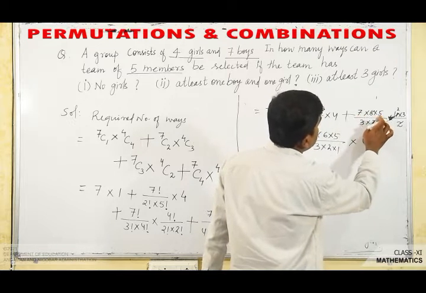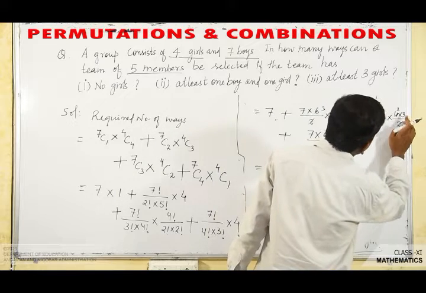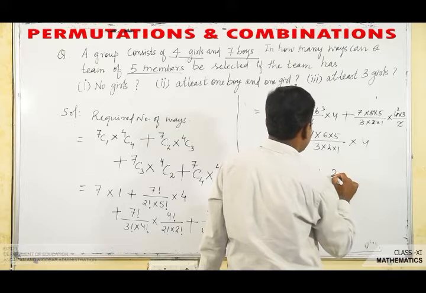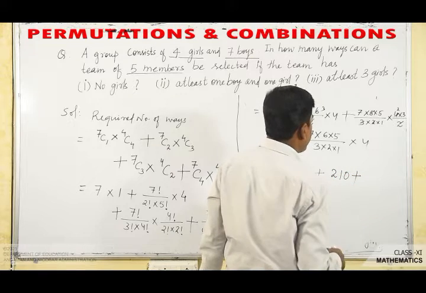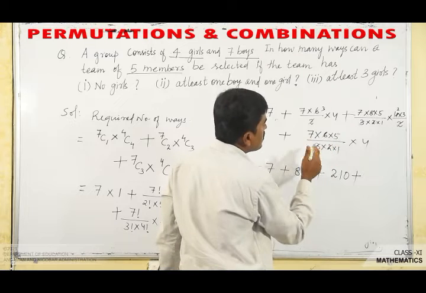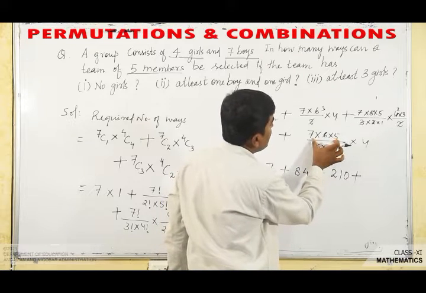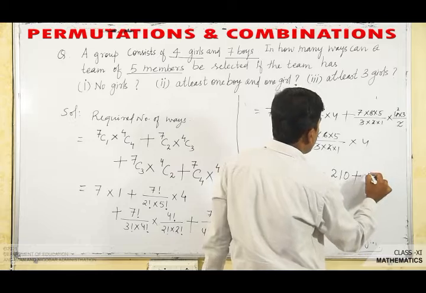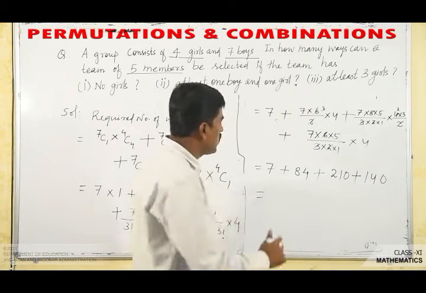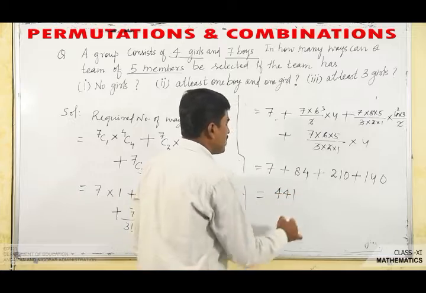So 7 into 5, that is 35, into 6 is there, so that is equal to 210, plus, now 6 is cancelled out, 7 5s are 35, 35 into 4, that is 140. So if we add it, we will get 441. Okay.